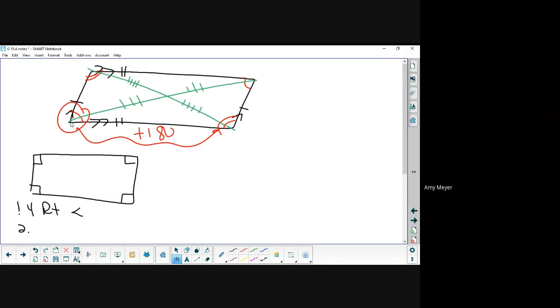That's easy to remember. And the diagonals. Let's go ahead and draw the diagonals. Going to have you write diagonals are congruent.